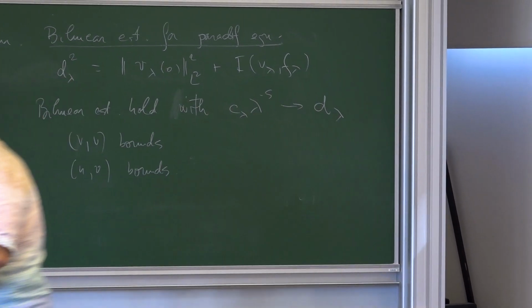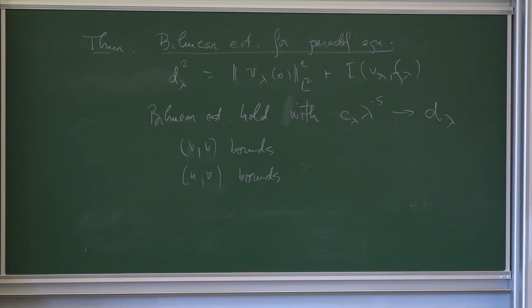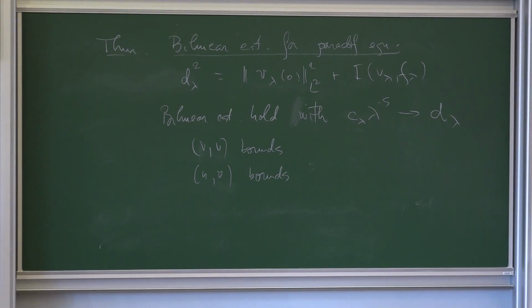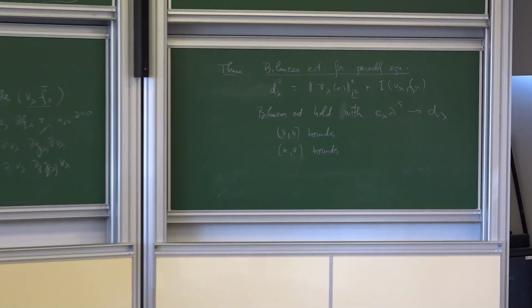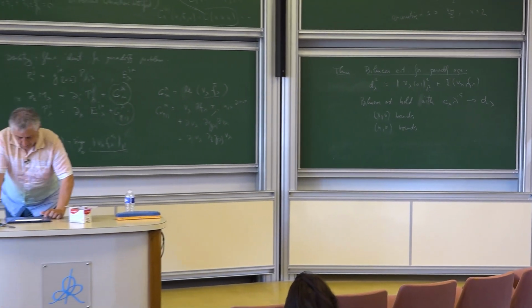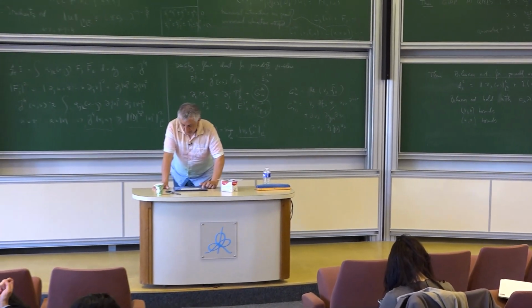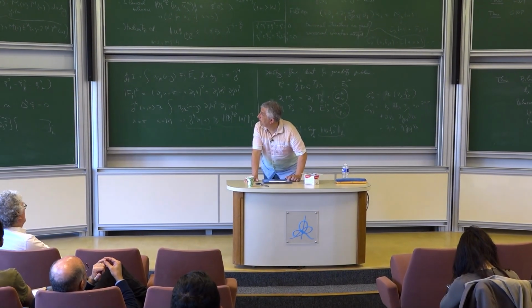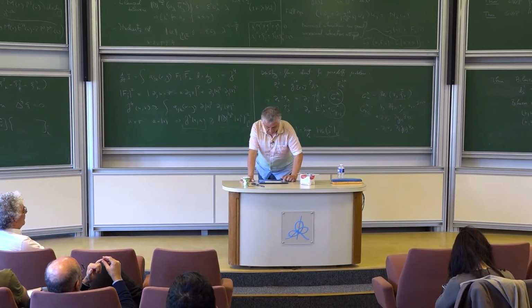Okay. So I don't have a lot of time, but I wanted to point out some of the bad things that happen when you try to carry out this argument that's very, very clean in the constant coefficient case.